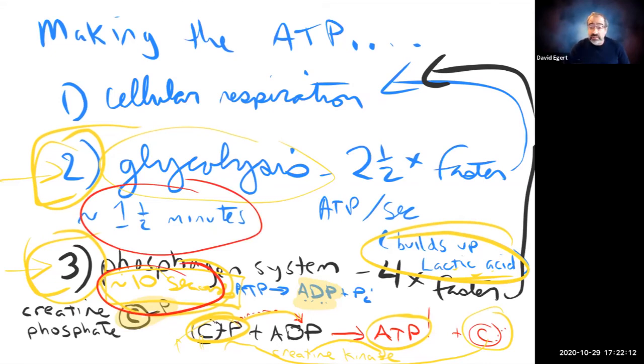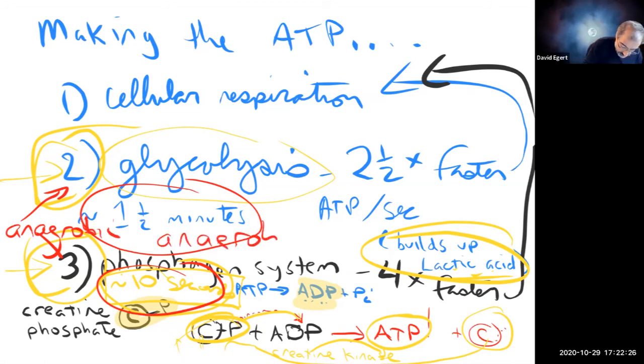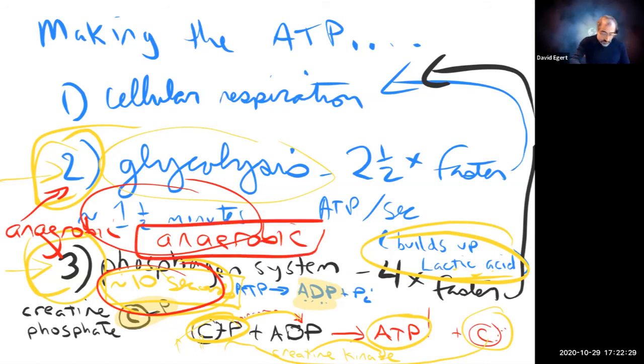And it takes actually a bunch of extra oxygen, because both of these are anaerobic, right? You don't need oxygen to do glycolysis. You most definitely don't need oxygen to just swap a phosphate group from one molecule to another here. But you are incurring what they call the oxygen debt.